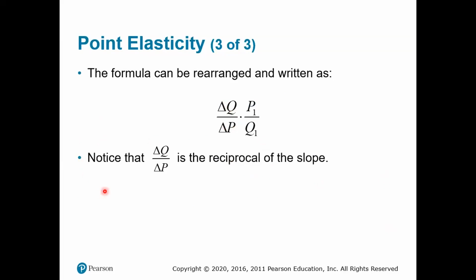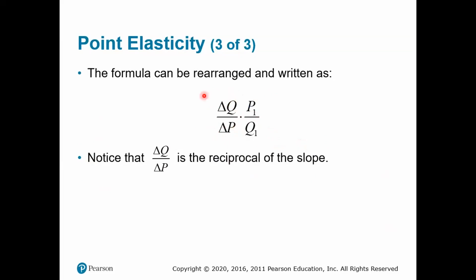So if you have the demand curve, particularly if it's nonlinear, you can pass a derivative through that, take the reciprocal of it, or raise the entire thing to -1, and then multiply that by the price over quantity you're interested in. This will give you an elasticity at that particular point with an infinitesimally small change.